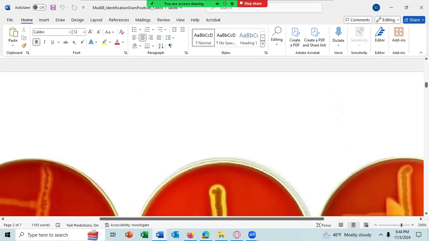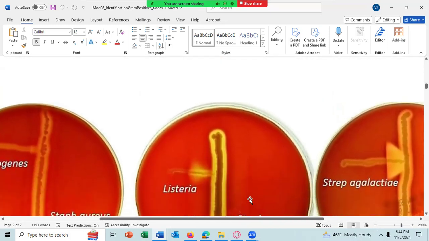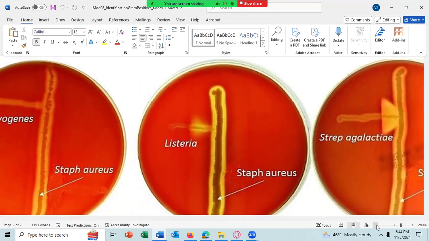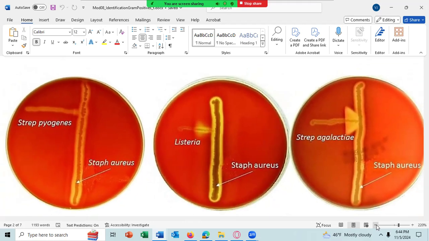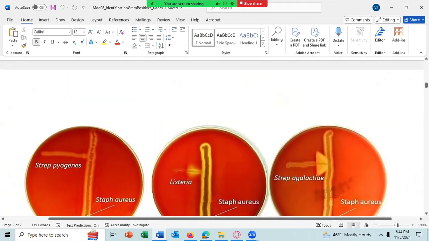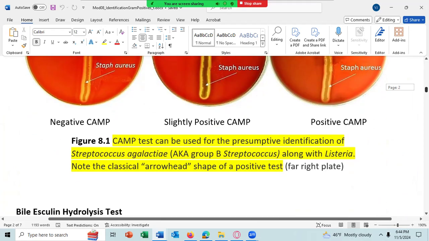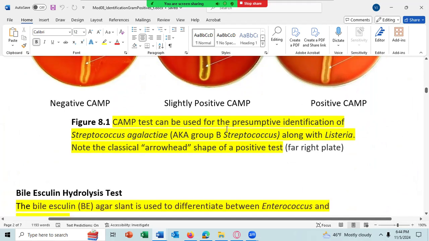Even the slight one, slight CAMP, has a little bit of an arrow. All right, that's the CAMP test. Any question about any of that? So normally you get an arrowhead shape in a CAMP positive test.